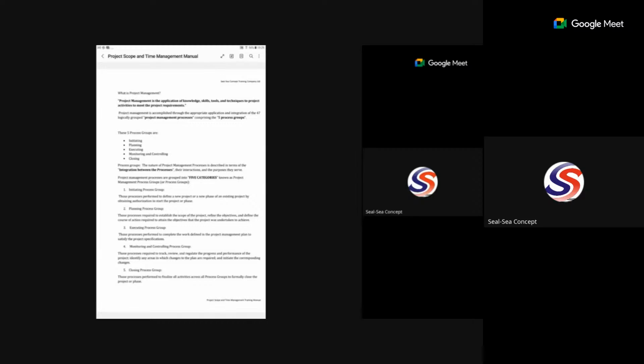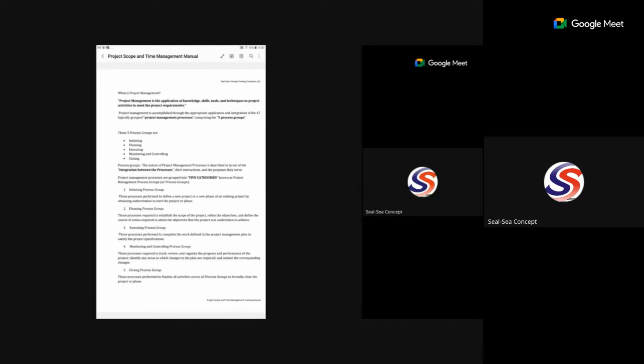There are some of these processes that when we are executing the plan for this project, we need to carry out. There are some of these processes that when we are reviewing what we have executed, just so that we can check if we have done it properly, you will carry out. And there are some of these processes you will carry out when you are handing over the project that you have carried out, which is the closure.